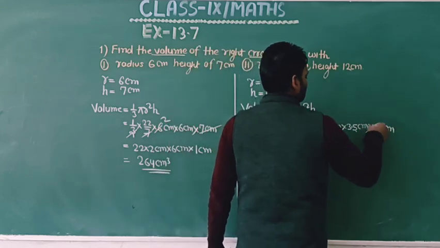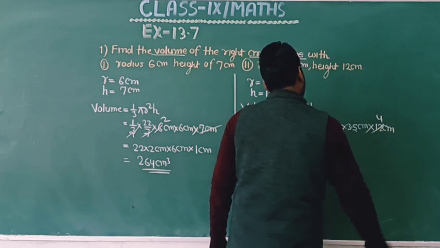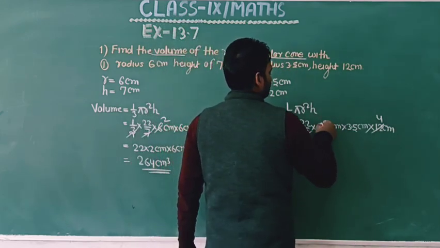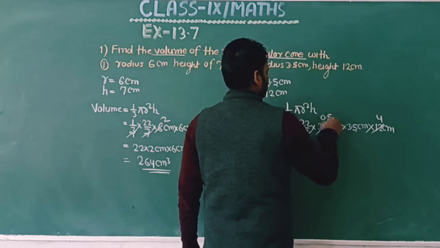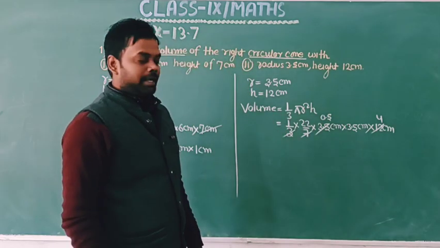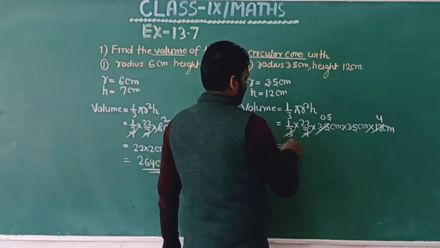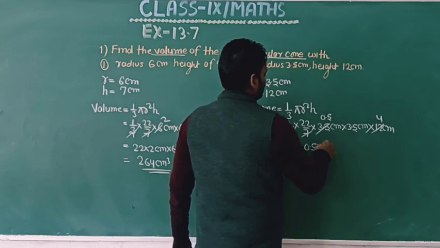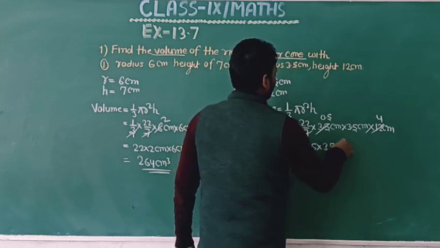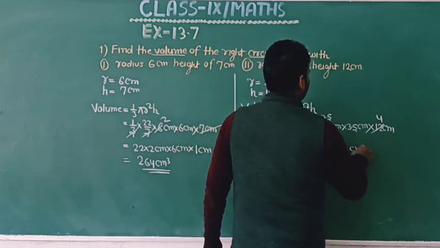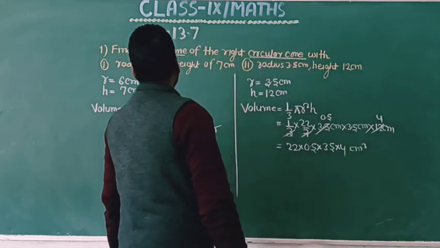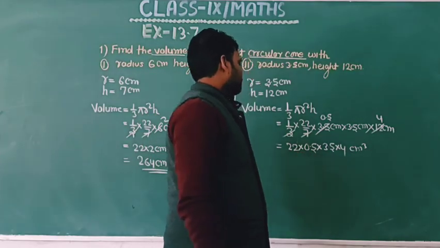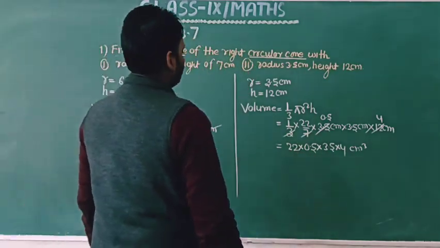So 3 fours are 12, and this is 7 fives are 35, so 0.5. Now multiply 22 by 0.5 by 3.5 into 4. Centimeter cube. So we get overall after multiplication 154.